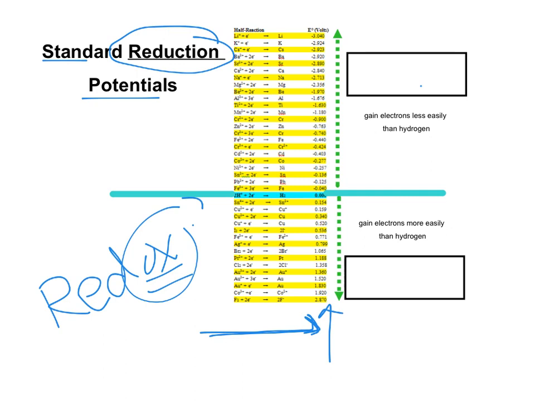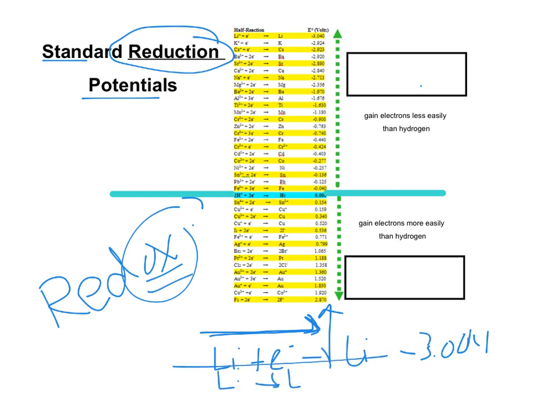So for example, at the top, lithium is being reduced and there's that negative voltage associated with it. Well, if we wanted to literally reverse this and have lithium oxidized, we would simply flip the sign. So if it's negative, it becomes positive, and if it's positive, it becomes negative.